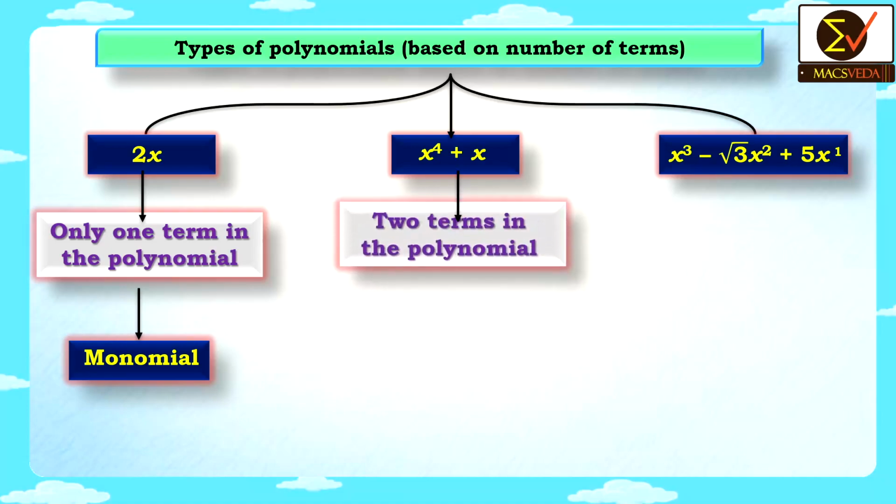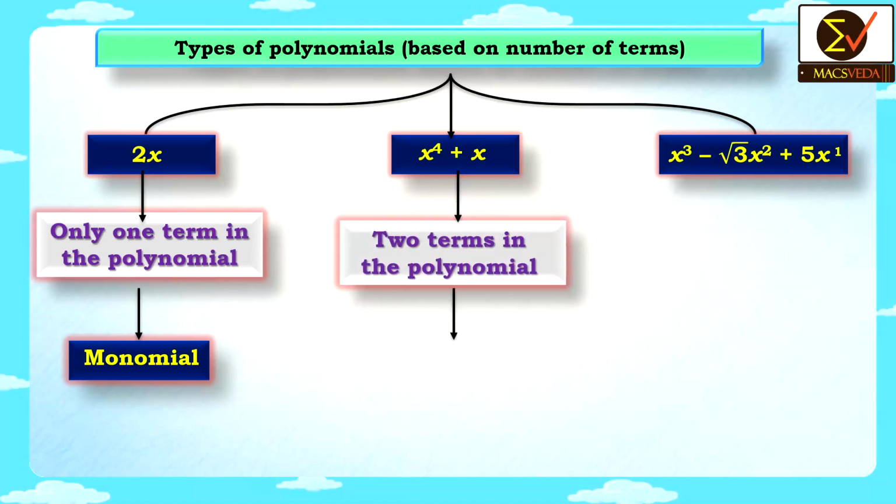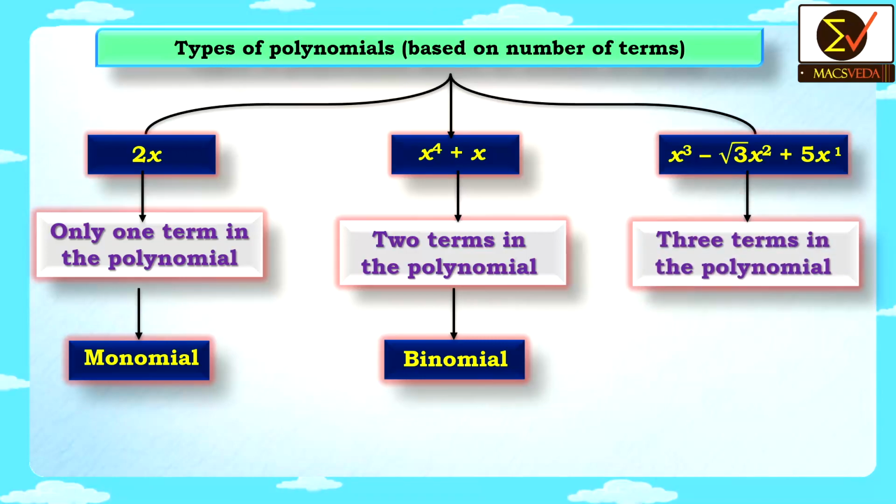A polynomial having 2 terms is called a binomial, and a polynomial having 3 terms is called a trinomial. Of course, you can extend it to a polynomial having 4 terms, and call it a quadrinomial, etc. But if you understand up to trinomial, that is good enough.